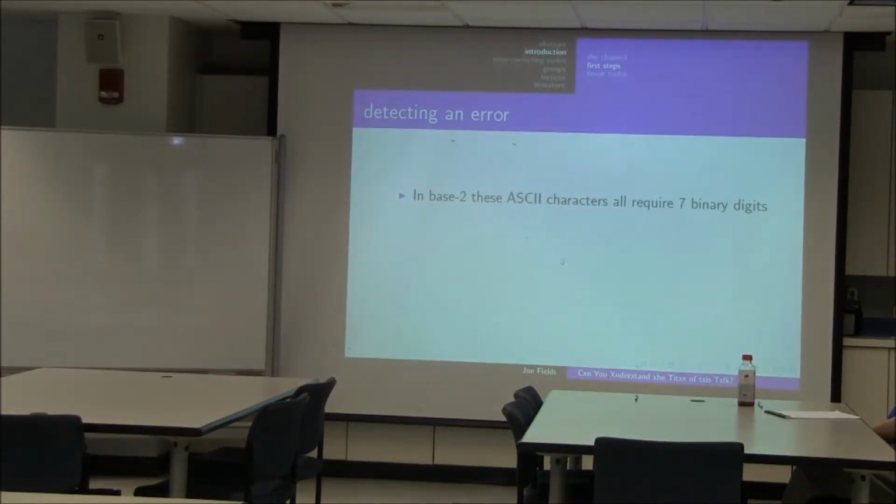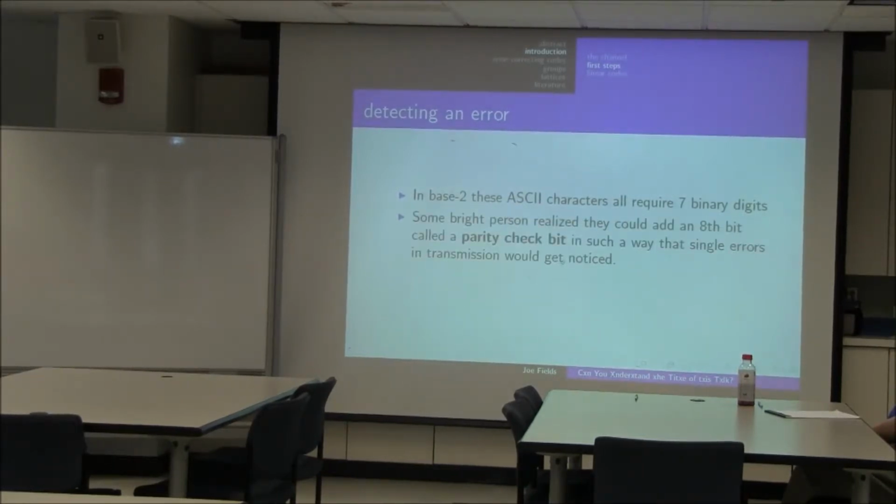So back to the ASCII. The 7 bits handles the character strings that we need, the total set of 127 symbols. Somebody said, well, we could just have one more bit. And 8 is kind of nicer. And then add what they call a parity check bit. So what you actually do is this. You count how many ones you've got in one of these messages.